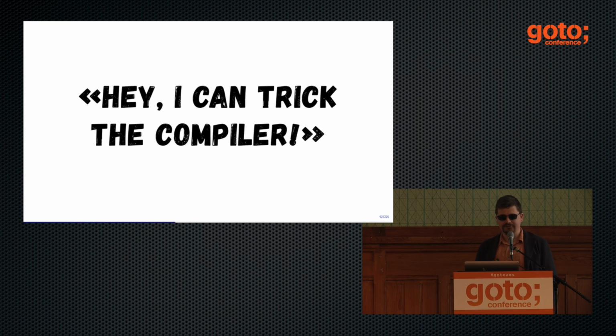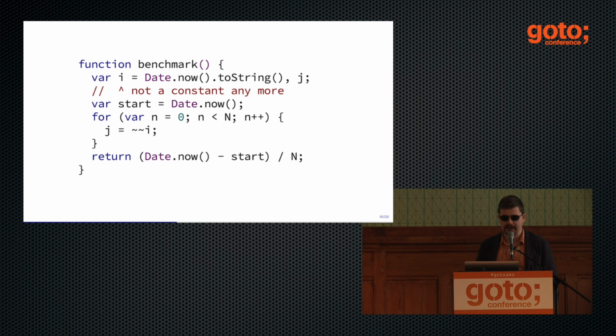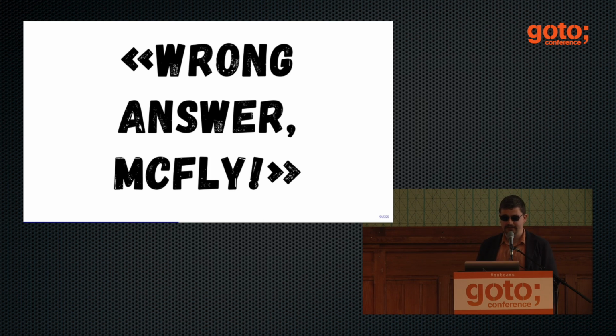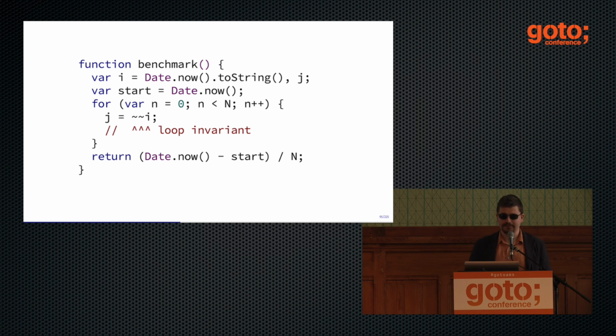So you can say, okay, I can trick the constant propagation. What if I make the i non-constant? Just generate some string based on the current time, for example. And of course, the JIT will panic and run away. But no, this is a wrong answer, McFly. This is not going to trick the compiler. The compiler will observe that while it is not a constant, it actually is a loop invariant.